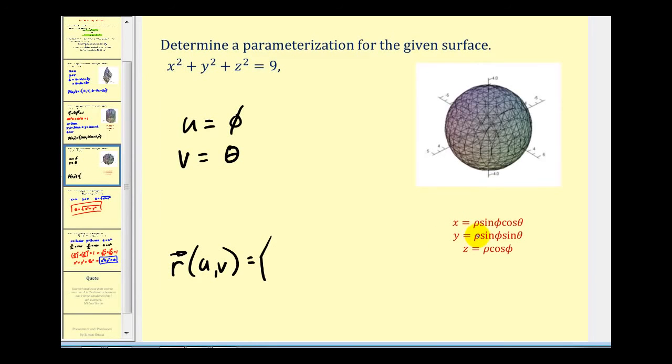So we'll have 3 sine u cosine v, 3 sine u sine v, and the z component would be 3 cosine u.